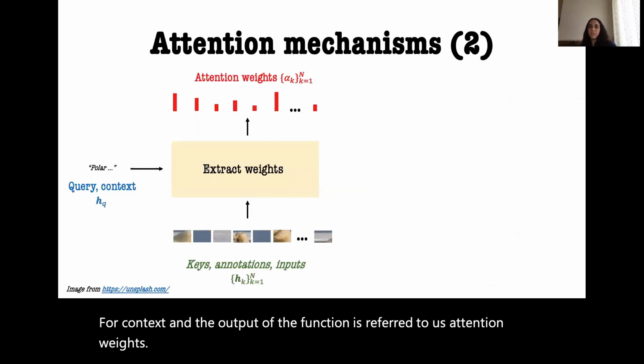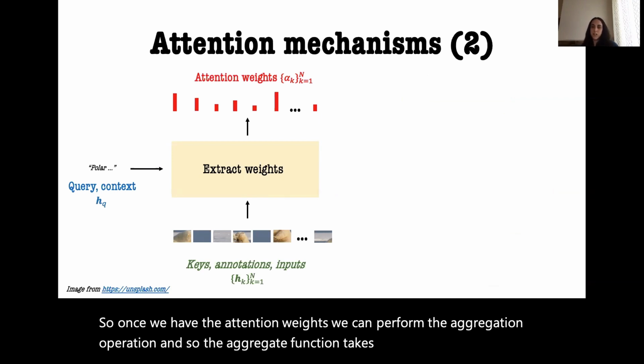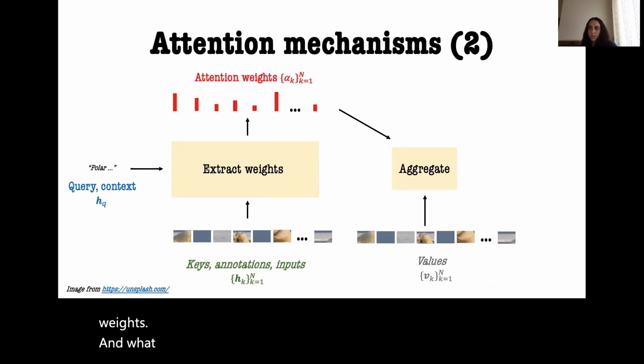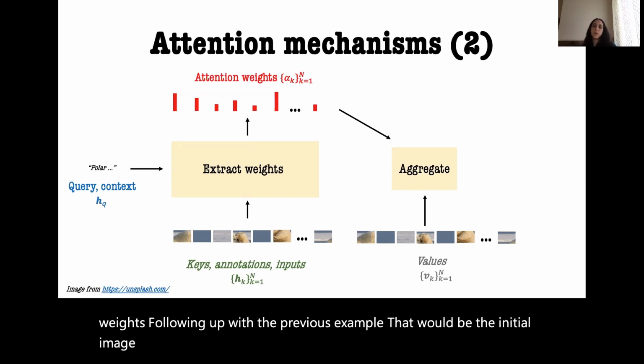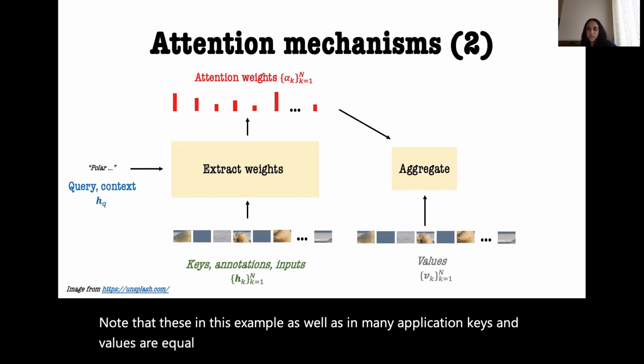Once we have the attention weights, we can perform the aggregation operation. The aggregate function takes as input the attention weights and what we call values. That is where we want to apply our attention weights. Following up with the previous example, that would be the initial image patches or the corresponding features extracted from those. Note that in this example, as well as in many applications, keys and values are equal. However, this does not have to be necessarily the case.